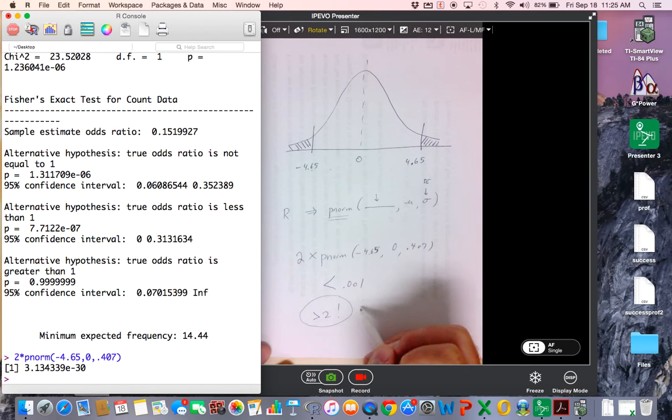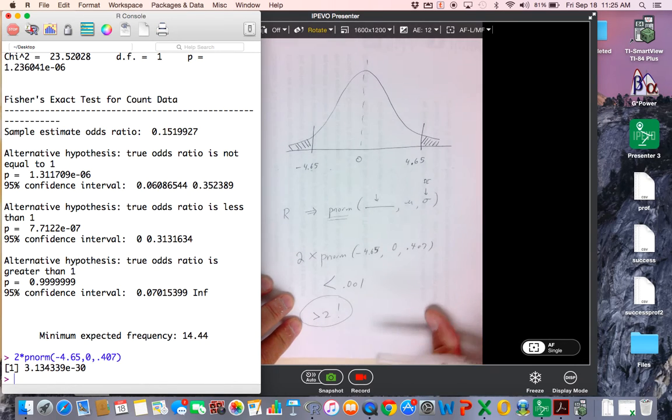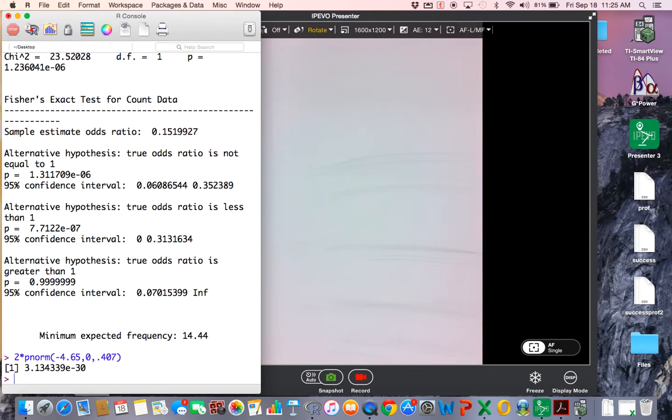What we can conclude is that the result here is statistically significant. So there's definitely something of value going on in the difference in success rates across professors. In fact, the odds ratio tells us a lot of information there.